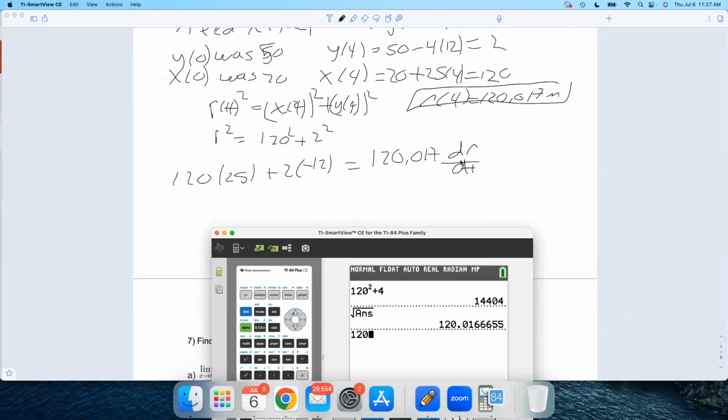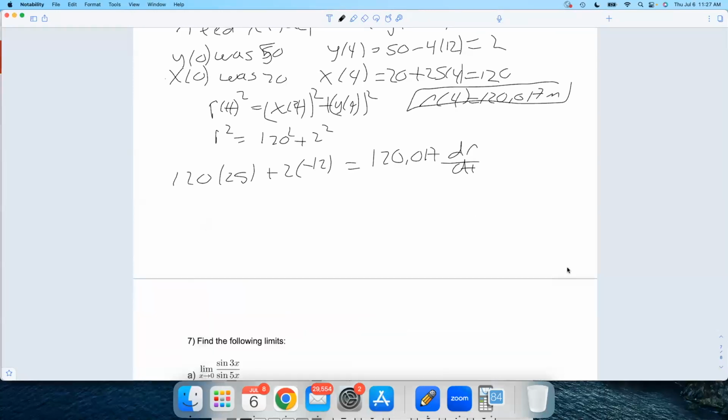That's 120 times 25, minus 24. Get that answer and then divide it by 120.017. That's 24.8 meters per second.